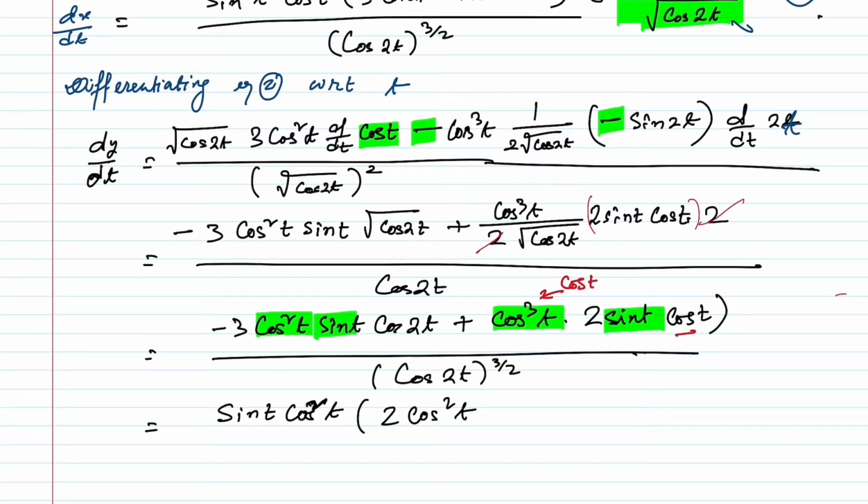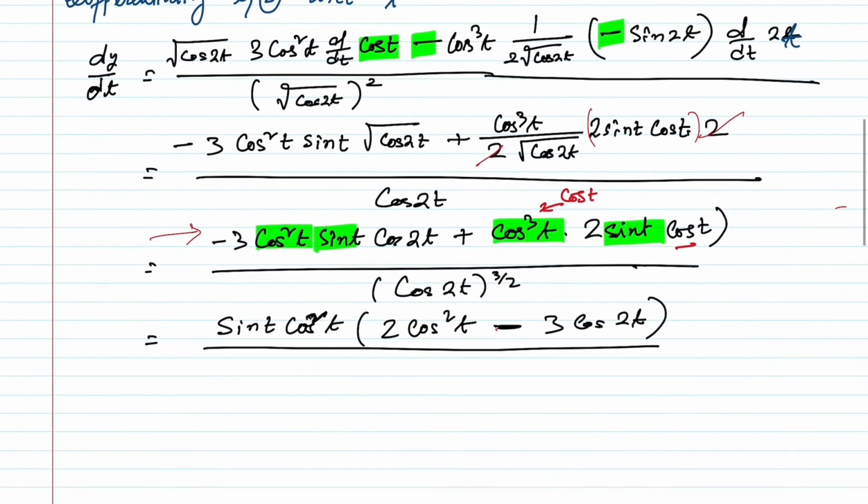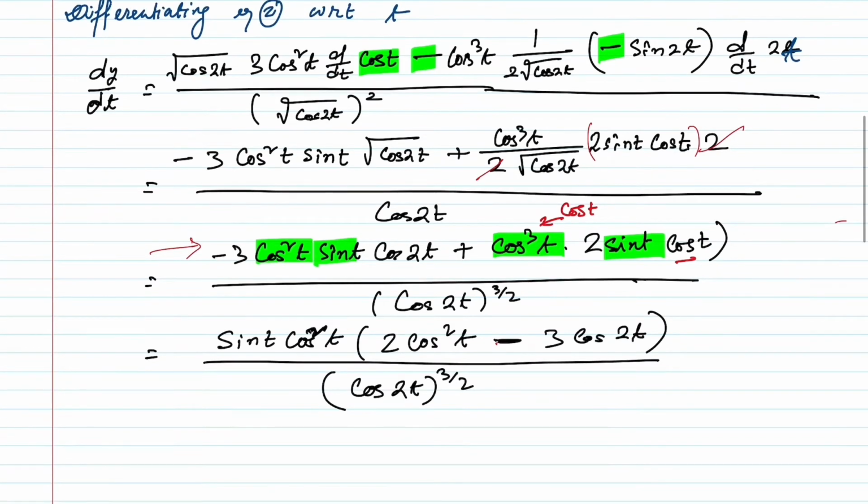As it is a negative term, I have written it on this side: minus 3 cos 2t. I hope you have understood this up to this step, and the denominator will remain the same: cos 2t whole to the power 3 by 2.